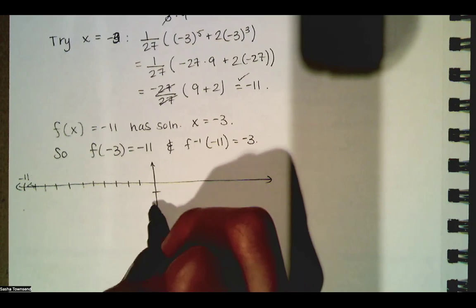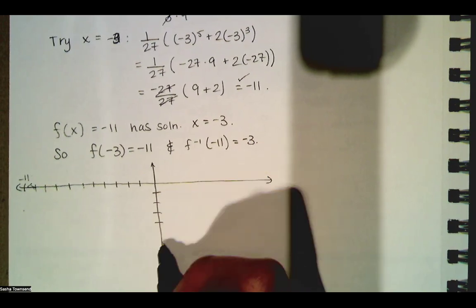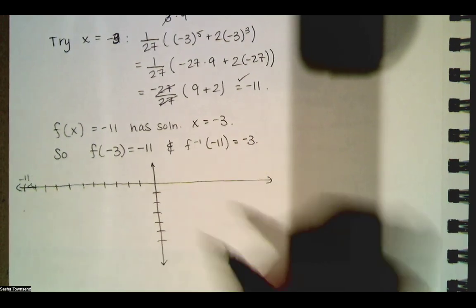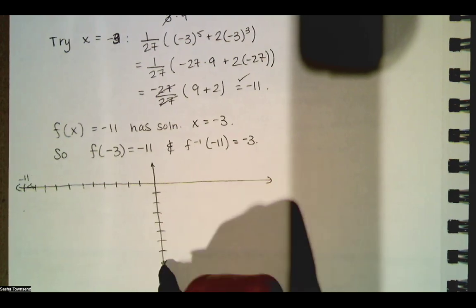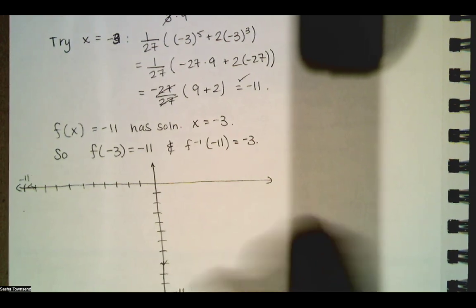And I want my y's also to go all the way down to -11. 1, 2, 3, 4, 5, 6, -7, -8, -9, -10, -11.